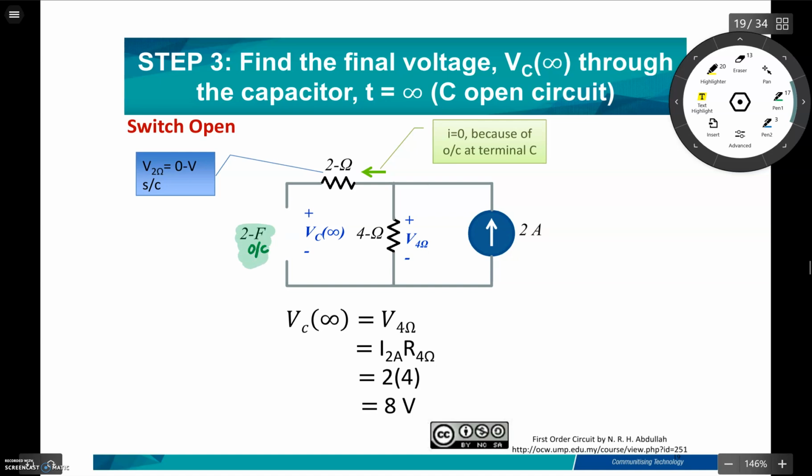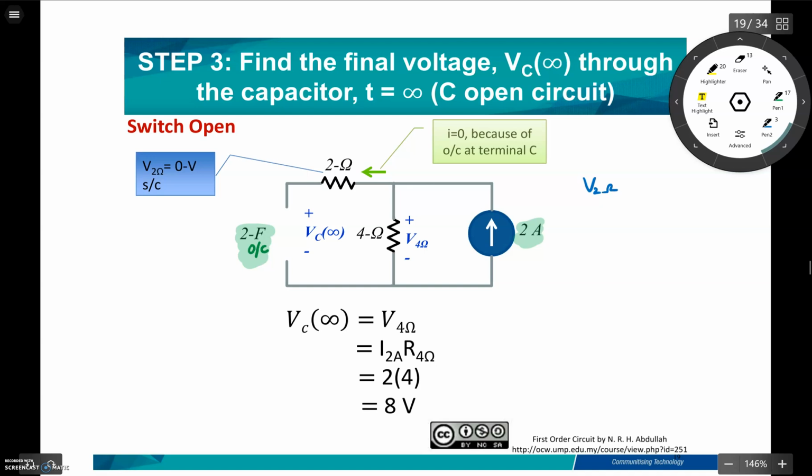You can see that there is a source, which is a 2 amp current source, shown in the circuit. There is no current flowing through the 2 ohm because of the open circuit at the capacitor terminal. Because of that, the voltage is 0.